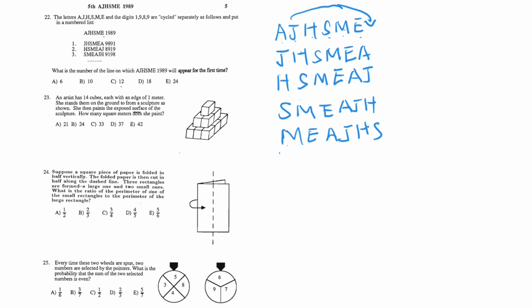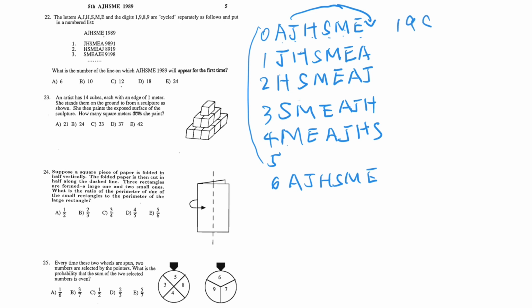That's 0, 1, 2, 3, 4, 5, that's 6 letters, and then again the 6th time will be AJHSME. For the digits 1989, the cycle is every 4 digits.